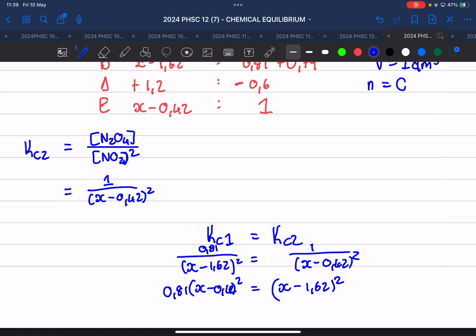Why did you times by half? Because it's our ratio of 1 to 2. After we get this 0.6, to figure out the 1 now, can't you just say 0.81 minus 0.6? But you must remember to add the 0.79 to the 0.81, because remember, we added this at the beginning.